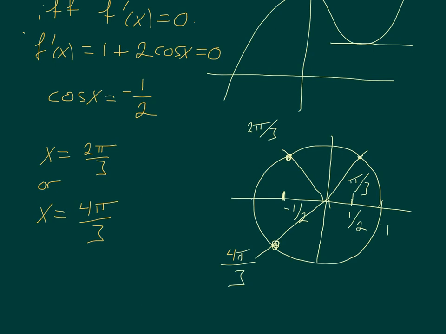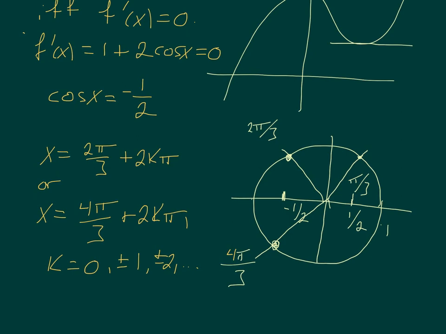So, to give a complete answer, we can write this as x is equal to 2 pi by 3 plus 2k pi, or x is equal to 4 pi by 3 plus 2k pi, where k could take the value 0, plus or minus 1, to travel around the circle once, forwards or backwards, plus or minus 2, and so on. All right, so that solves this problem.